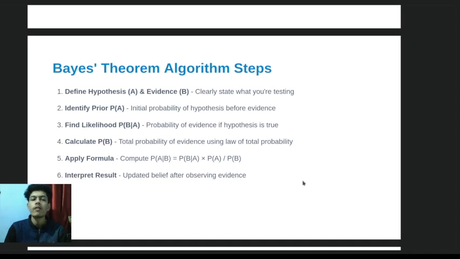Where we define the hypothesis, clearly state what you are testing, and identify the prior, the initial probability of the hypothesis before evidence, and find the likelihood, the probability of B given A, the probability of evidence if the hypothesis is true, and calculate the probability of evidence using the law of total probability, and then apply the formula to compute the probability of A given B, and interpret the result to update belief about the hypothesis given the evidence.